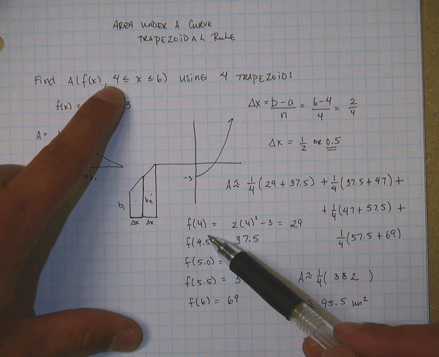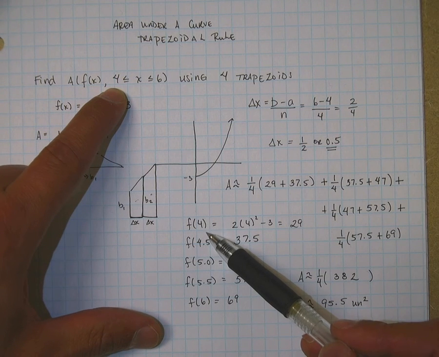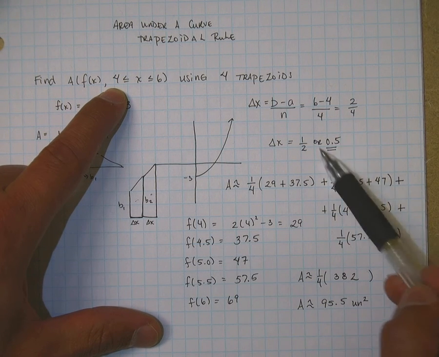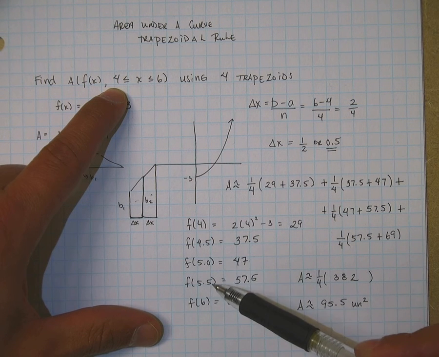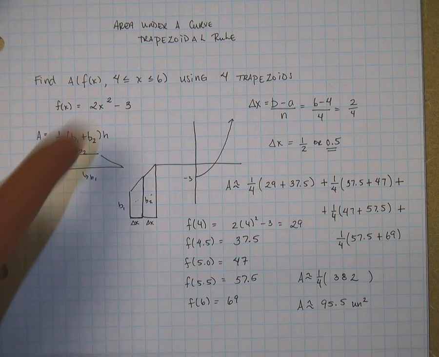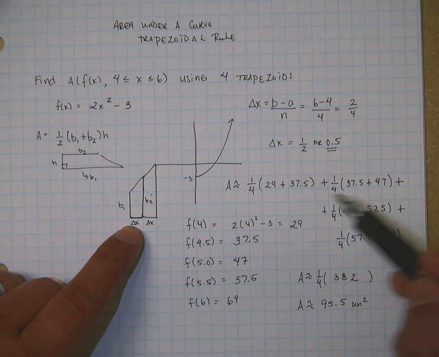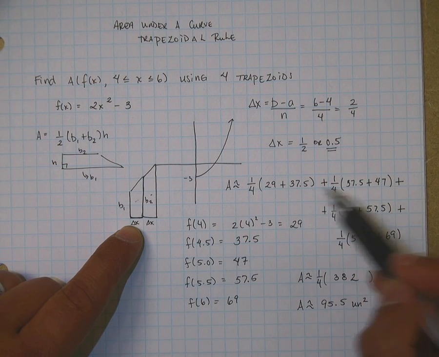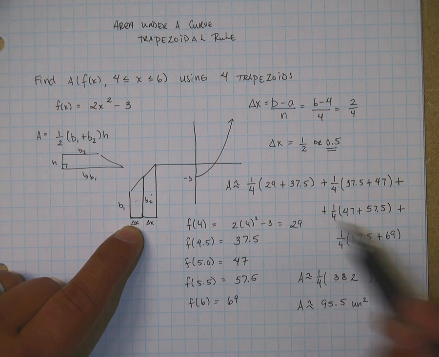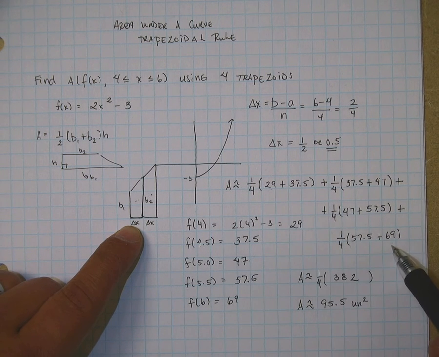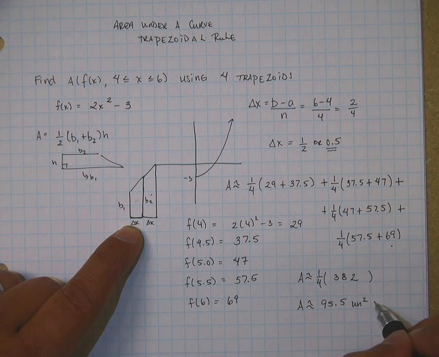We start at the beginning, and to get the next number, just keep adding your delta x's: 4.5, you're adding 0.5s, and so on. Don't forget, you use each of them twice, except for the first and the last. The first value and the last value you only use once. You add them up and you get your answer.